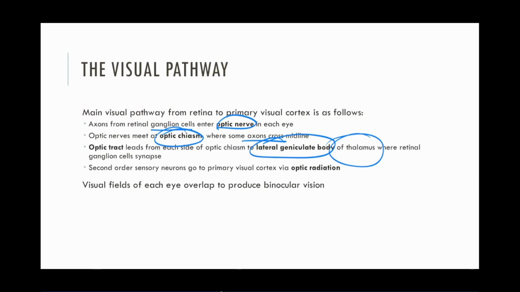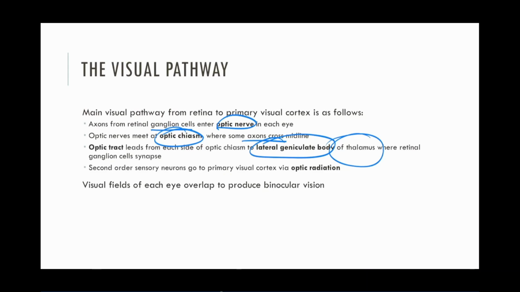Vision is a sensory, it's got to go through the thalamus, and the part of the thalamus that it goes through is called the lateral geniculate body, or lateral geniculate nucleus. All the same thing. It means that's the part of the thalamus that the vision travels through. There are different parts of the thalamus that other senses go through, but vision is the lateral geniculate nucleus or body.